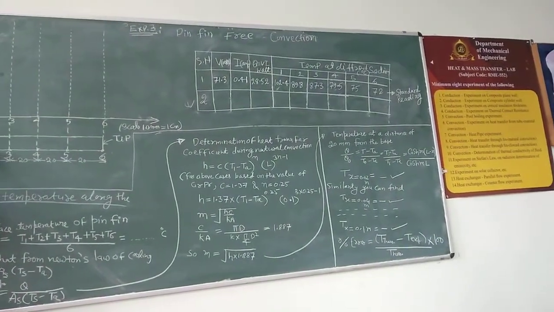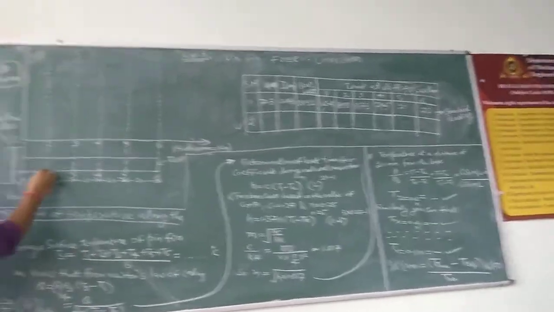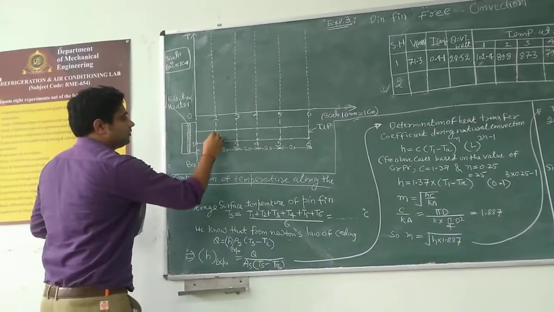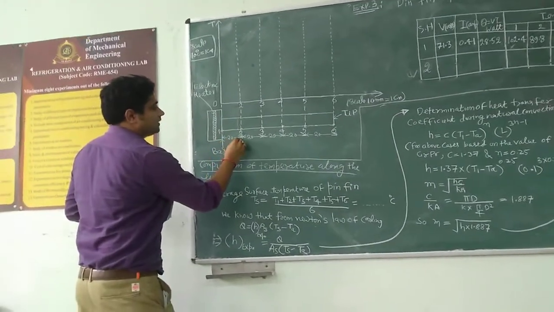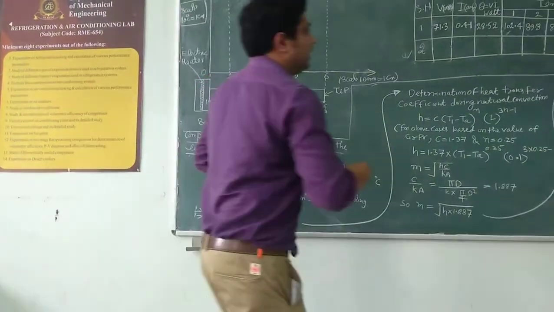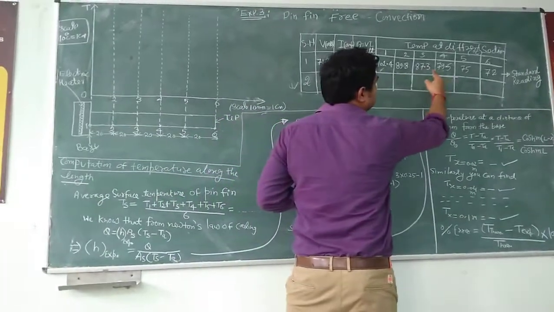You can also experimentally measure T2 at a 20 mm distance, and similarly find the temperature at various locations.